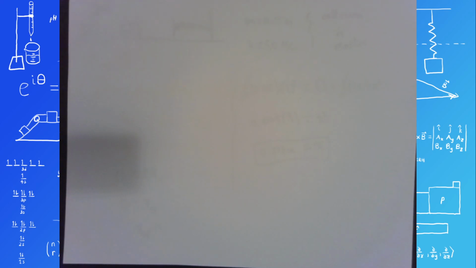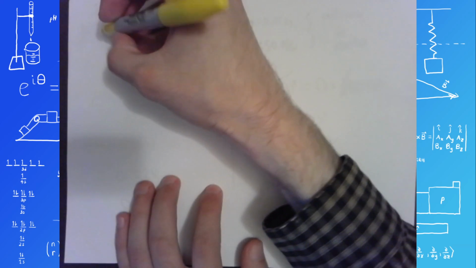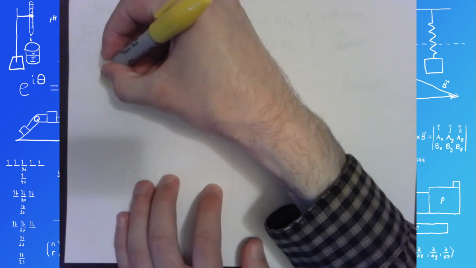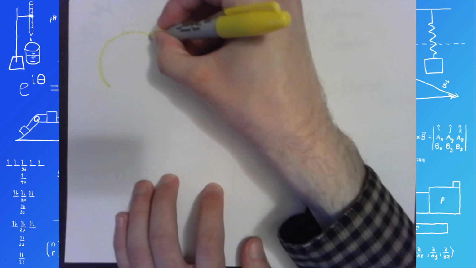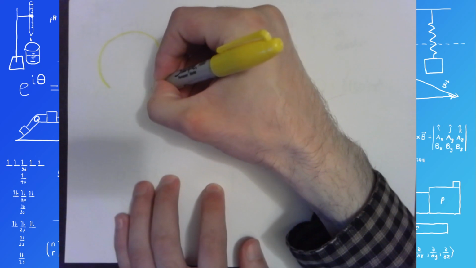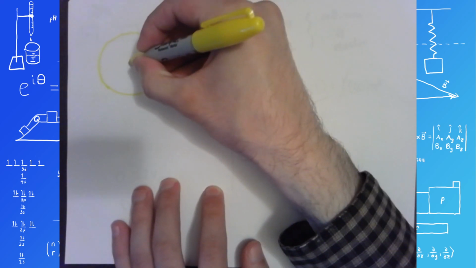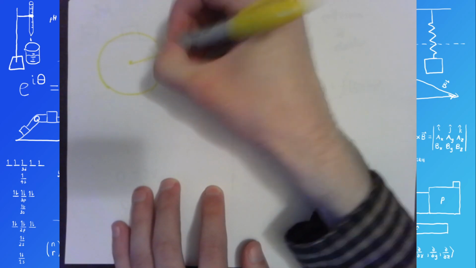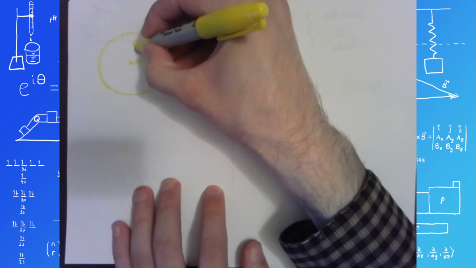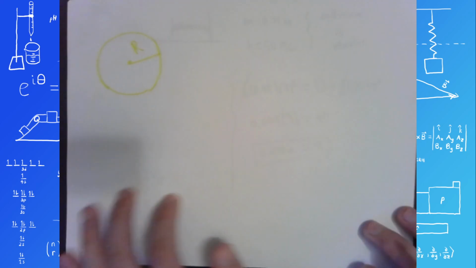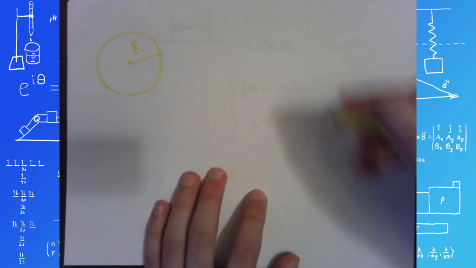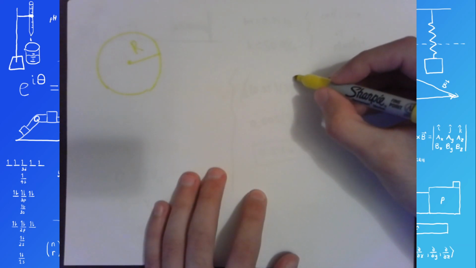Maybe we'll do that part, maybe we'll skip on it, we'll see. Anyway, we are given a banked curve with a radius of big R. That's the top view of it, and then the side view is going to look like this.